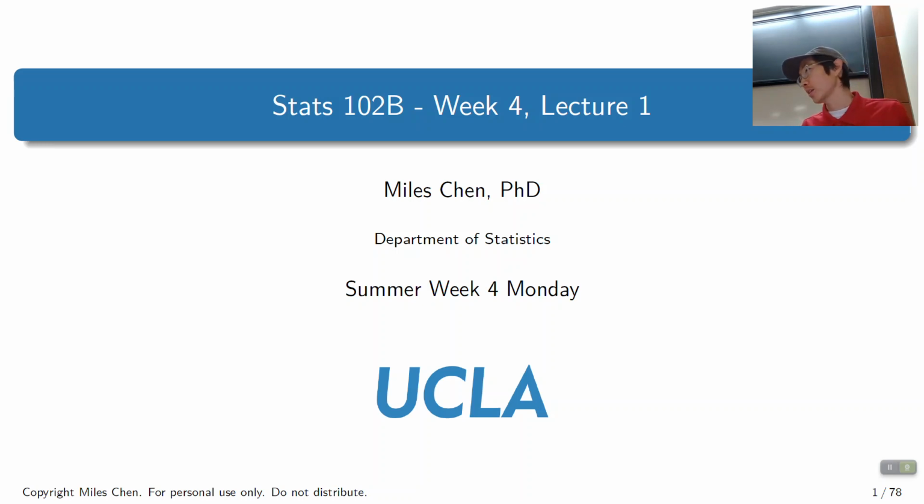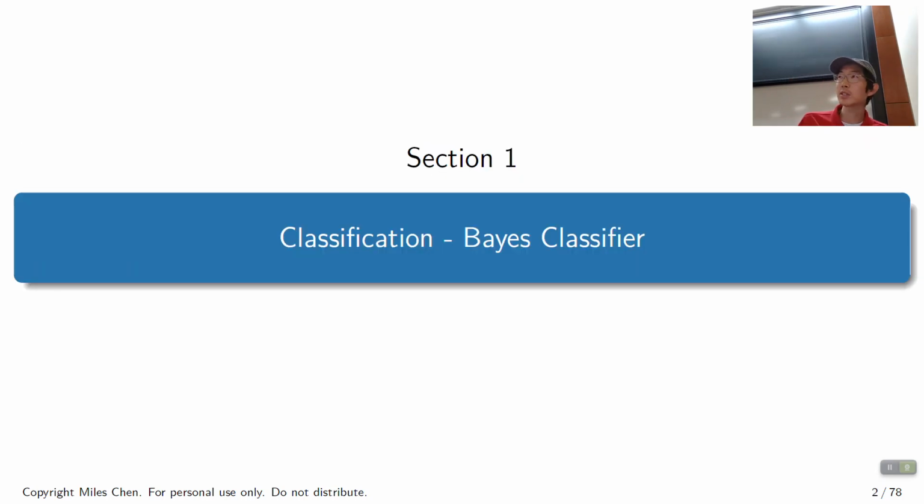Last week we concluded our coverage of neural networks, and you guys are working on that for homework. Now we're going to look at some other machine learning algorithms, specifically classification algorithms.